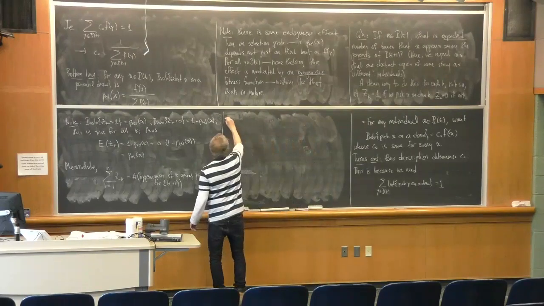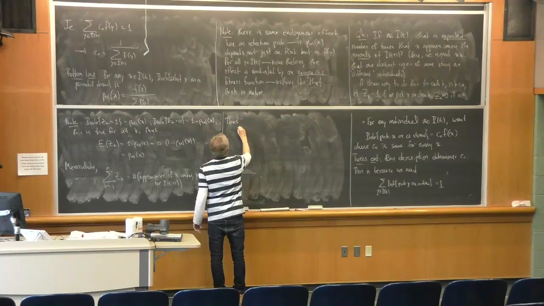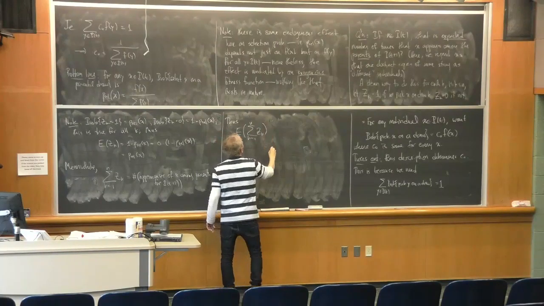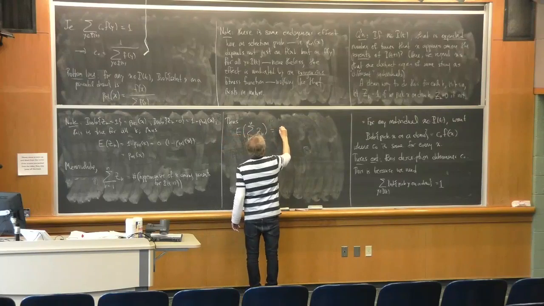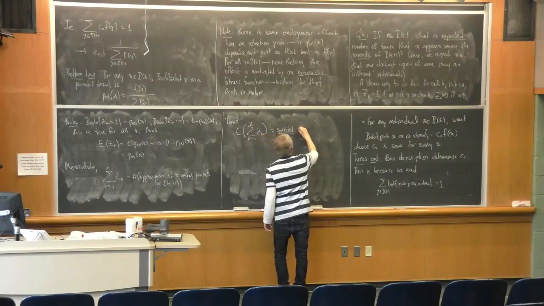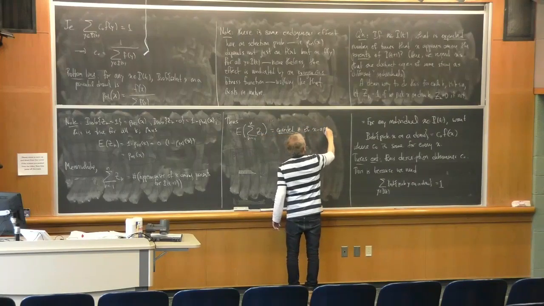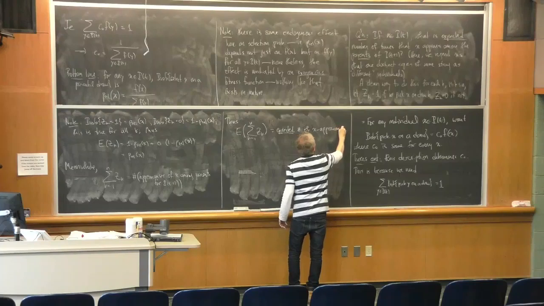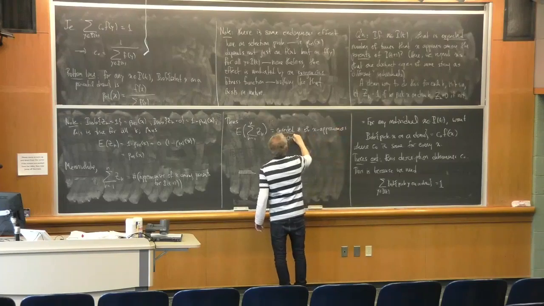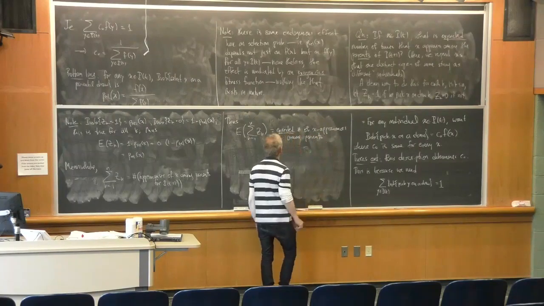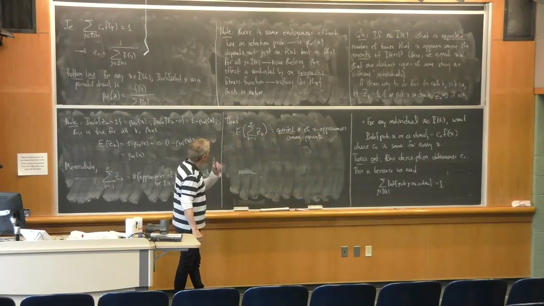So thus, the expected value of the sum from k equals 1 to n of zk is equal to the expected number of x appearances among the parents for P of t plus 1.